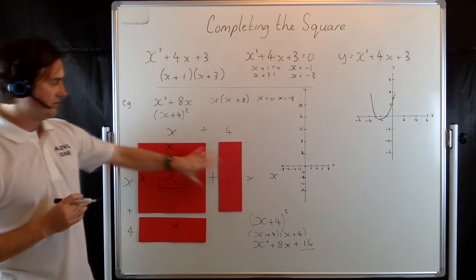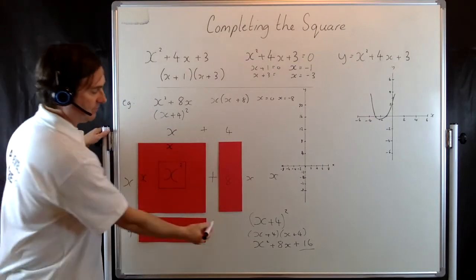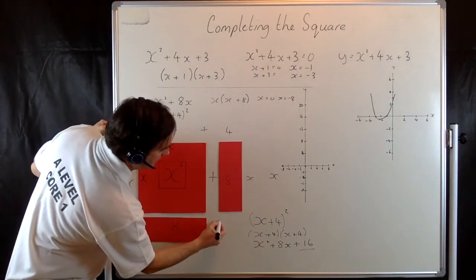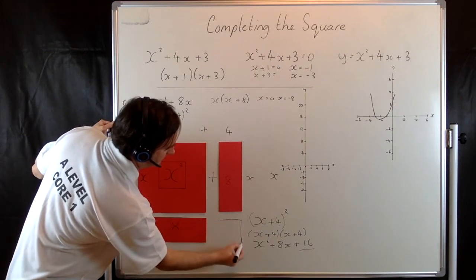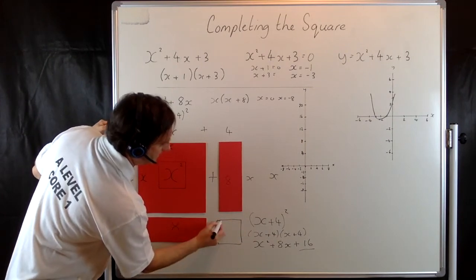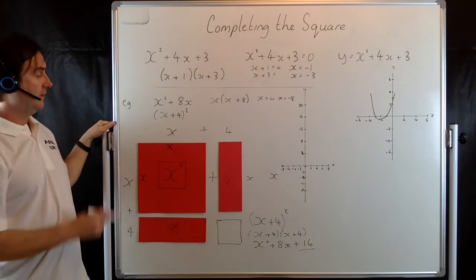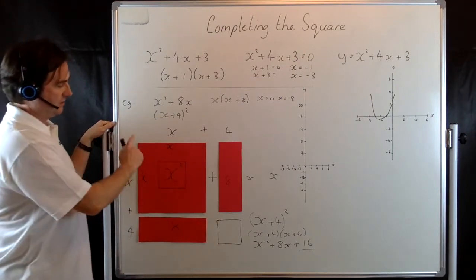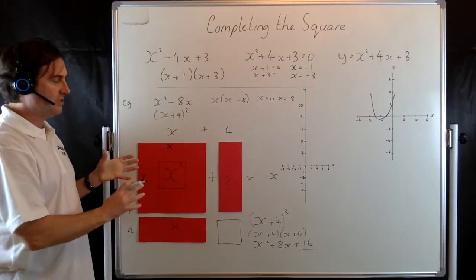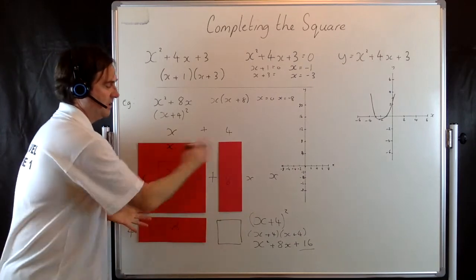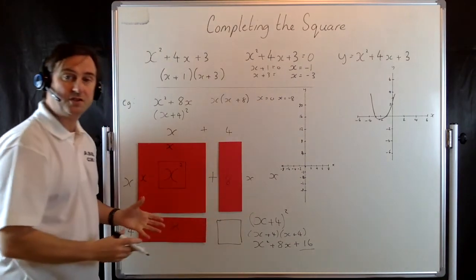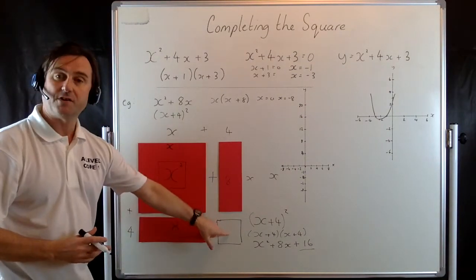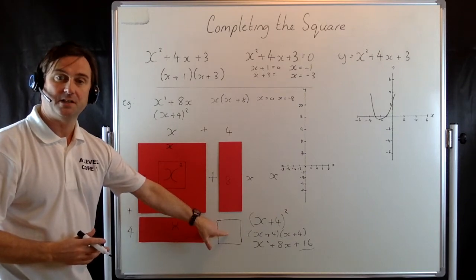I can see that from this diagram here because I've got this bit missing. If I then fill that in, it's going to become a little square there. And look what I've done. I've done x plus 4 times x plus 4, which would initially give me the area of the whole of this shape. But I've got this little bit here missing.